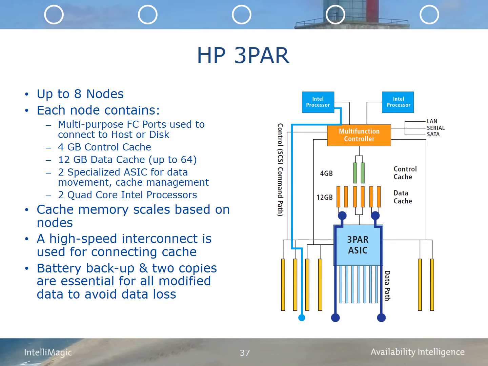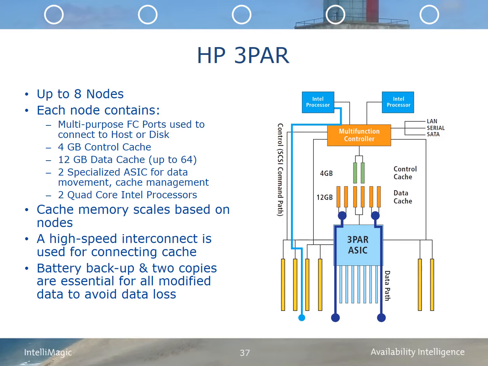The HP 3PAR platform is different enough that it lends itself to a unique slide. It consists of up to 8 nodes. Each of these nodes contains a multi-purpose fiber channel port used to connect to either host or disk.